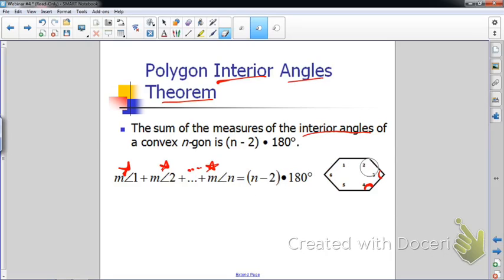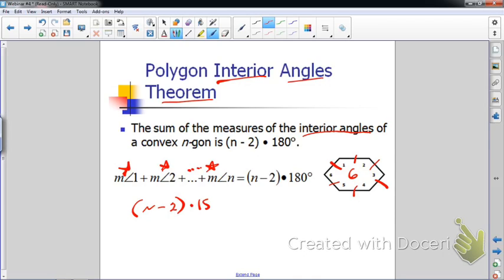So if we look at this example here, you can look at the angles that we have, or you can just count the sides of the given polygon. For example, this one contains 6 sides. So we input it into the formula. n will be the number of sides, which is what we established here.